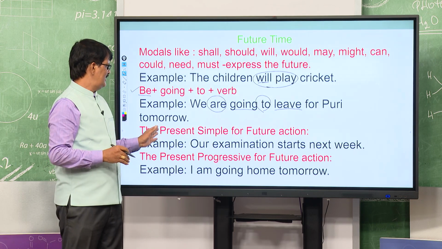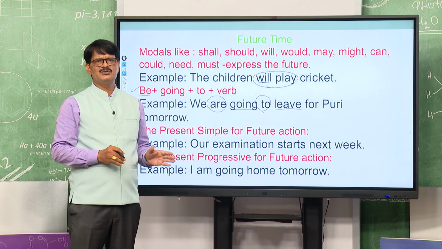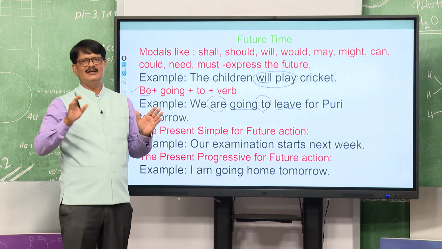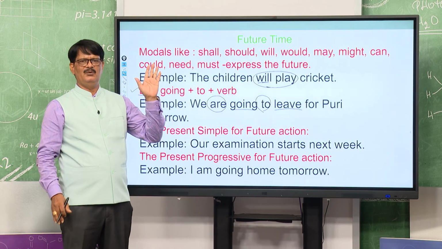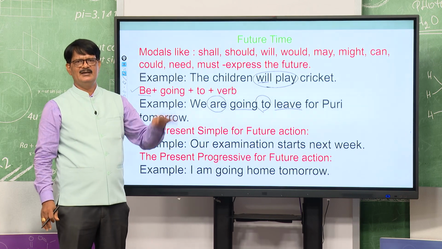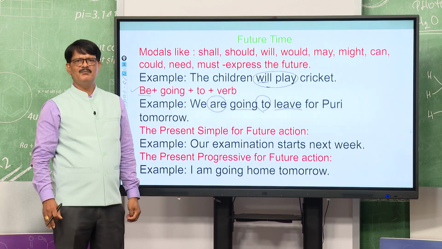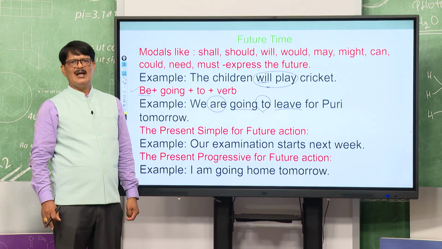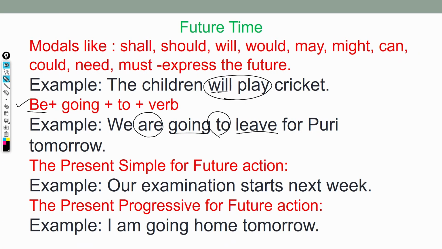And another is the present simple for future, that we have already discussed in present simple. You remember, our examination starts next week. Here it is already planned by others.